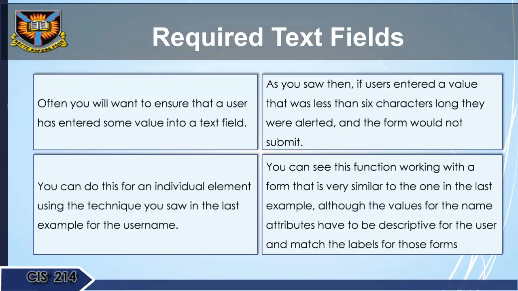You can see this function working with a form that is very similar to the one in the last example, although the values for the name attributes have to be descriptive for the user and match the labels for those forms.